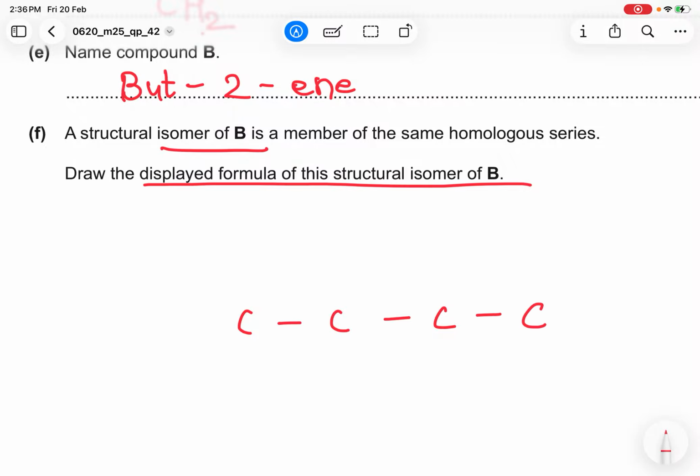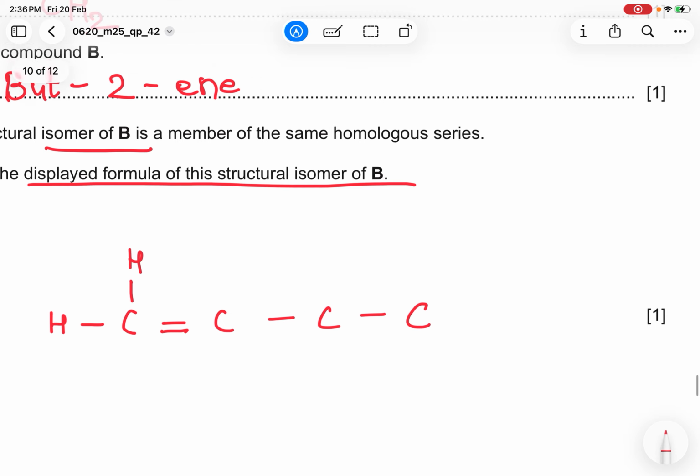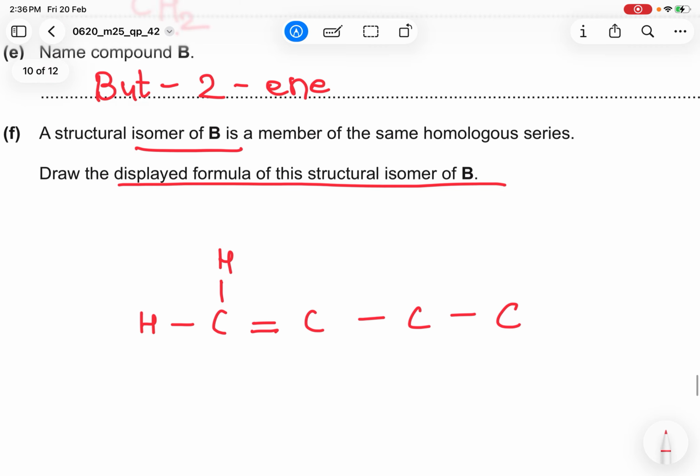Now, because we have to put the double bond at the first and second carbon atoms, we will put that, and now we are just going to complete the structure with the remaining hydrogens. So it will be 2 hydrogens. The second carbon is already having 3 bonds, so we'll write 1 more hydrogen here. For the other 2, we are going to write the remaining hydrogens. This becomes the displayed formula of the isomer.